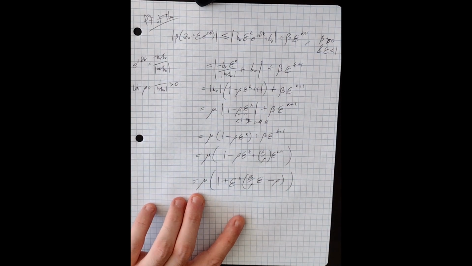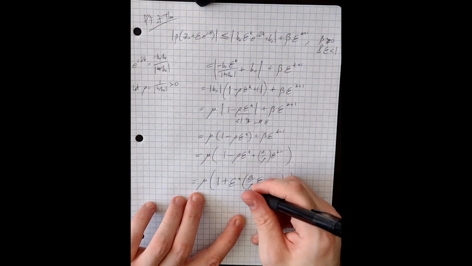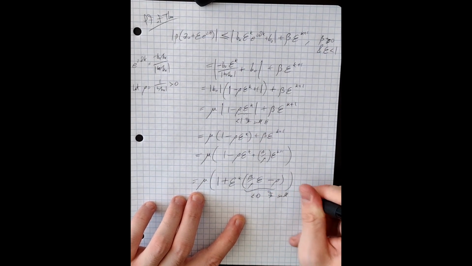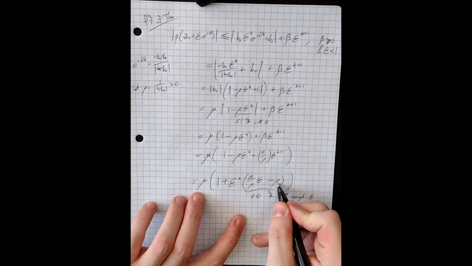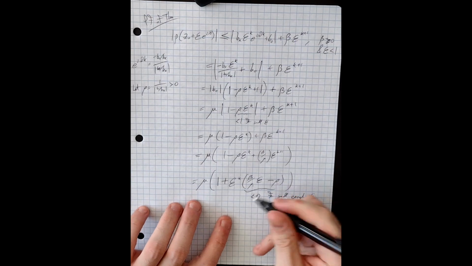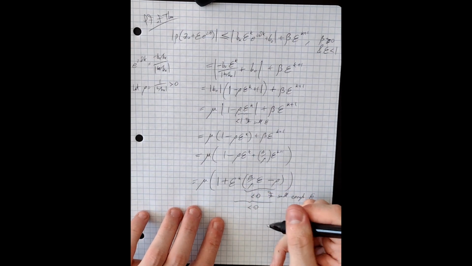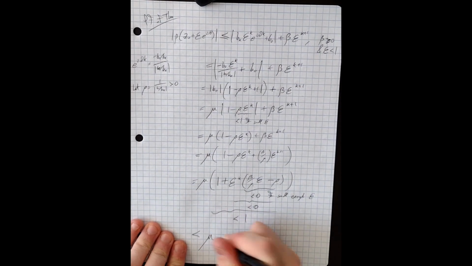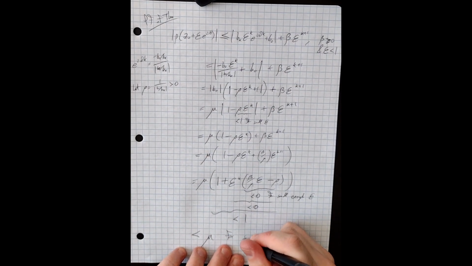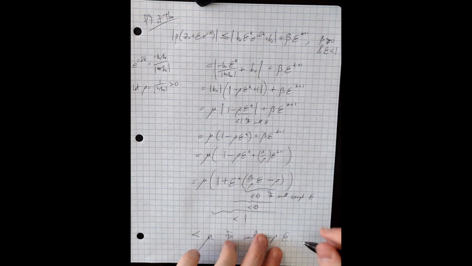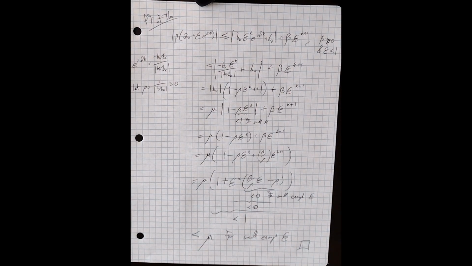And we get this here. So now this is less than 0 for small enough epsilon, because we have positive, positive, so just make this smaller in magnitude than rho. So that means this whole thing is less than 0. So this whole thing is less than 1. So this is strictly less than mu for small enough epsilon. And that's the end of the proof.